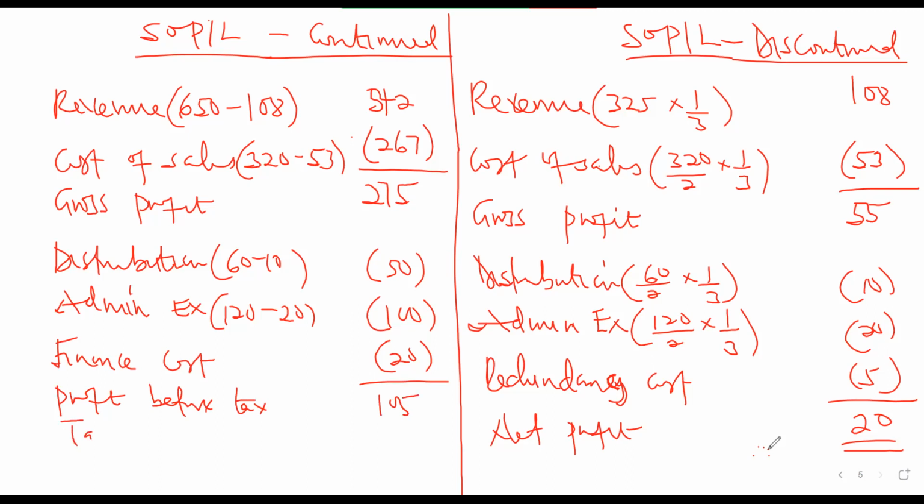Okay, so tax will give you 38, so you are going to be having minus 38. That will give you 67. So this will be named profit from continued operation. Then you bring the profit from the discontinued operation, which will be 20. The total will now be 87 for the year. That will be the total profit for the year.